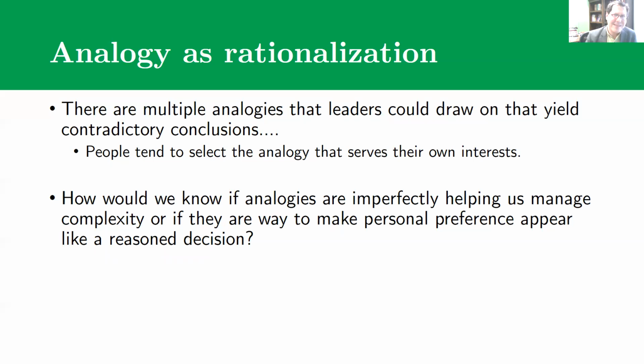And so given that possibility, right, that it's not the analogy that tells us what to do, but that we know what we want to do and we find an analogy that justifies our choice, it's really hard to parse out how much of this is imperfect reasoning on the part of leaders, where they grabbed an analogy and misunderstood the situation, and as a result didn't get the outcome they wanted, versus they got the exact outcome that they wanted.